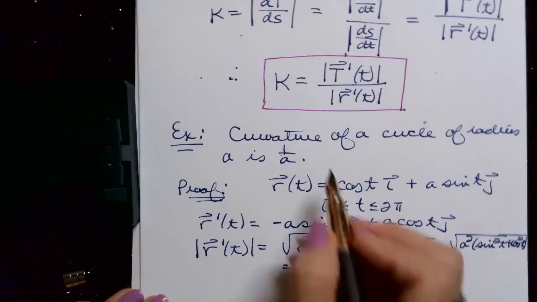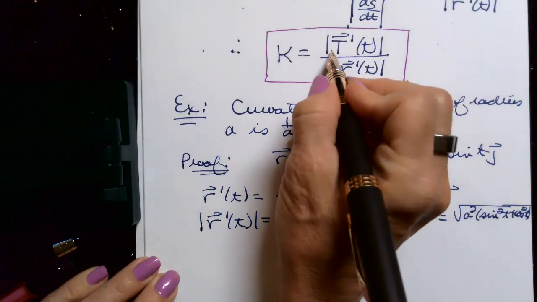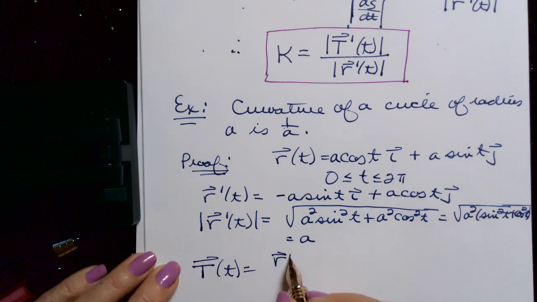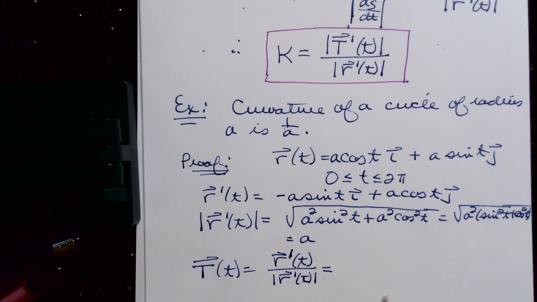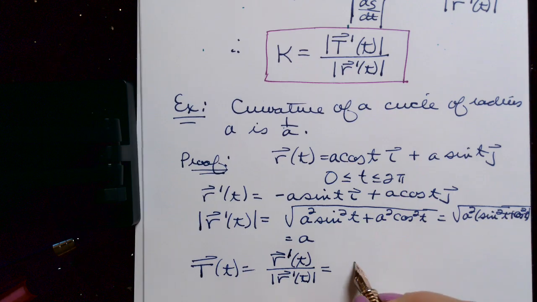And now how do we get capital T of t? You can't find capital T prime till we first find capital T. So capital T of t is r prime of t divided by the length of r prime of t. The length of r prime of t is just a, so I take my formula for r prime and divide each component by a.